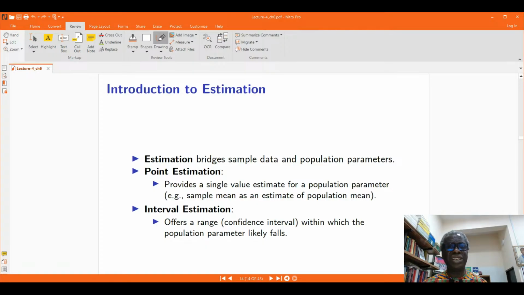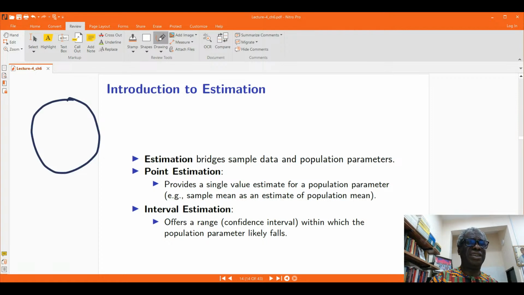So the first one is estimation. I've always told you that when you have a population, the population may be large.